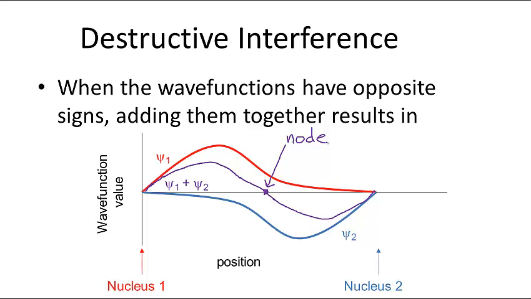If you're trying to make a bond, having a node between the two nuclei, that's a bad thing, because that means there's no electrons between the two nuclei. So destructive interference is not going to tend to form bonds. So adding them together results in a smaller magnitude.